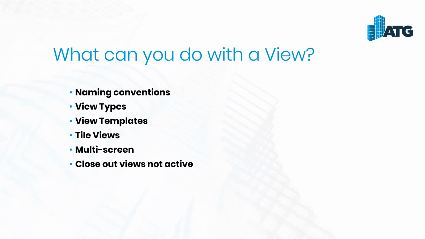The next thing is the view types. When you click on a view, all views have a type. So when you click on a view, look at your properties, look at your type selector, you'll see that there is a type attached to it. What a lot of companies will do within maybe a starter template or starter project is they will go in and create different types of view types.